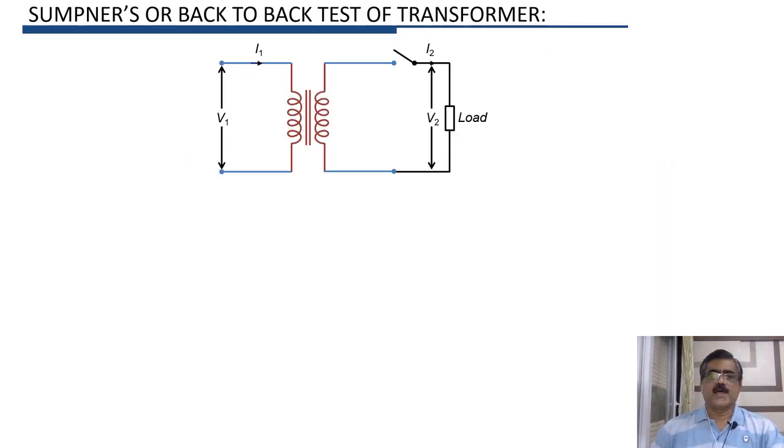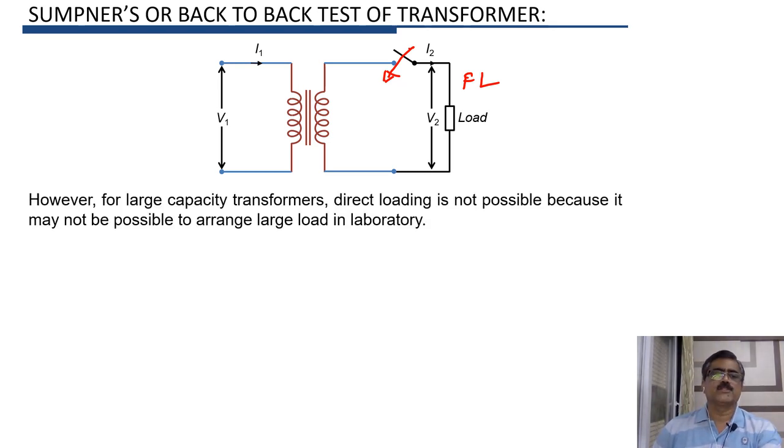We have seen that temperature rise of transformer can be determined by actually loading the transformer at full load and by measuring the temperature rise after regular time interval. But this direct loading test is not suitable for large capacity transformers.